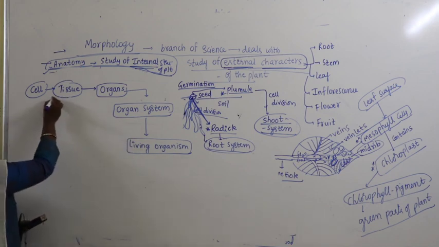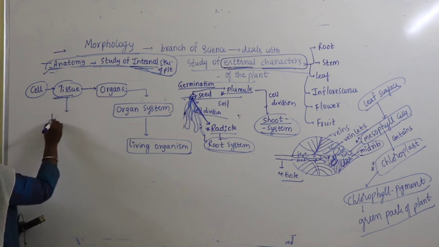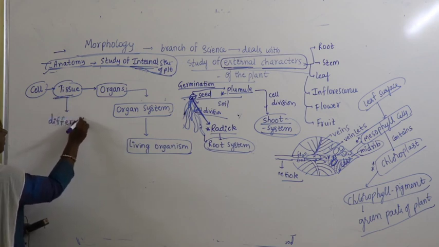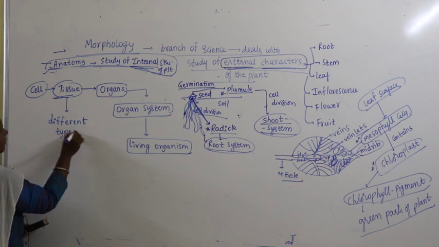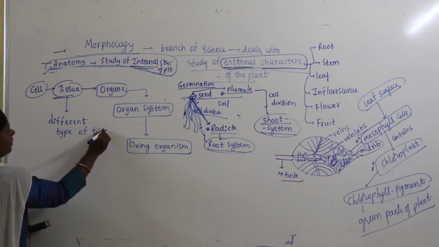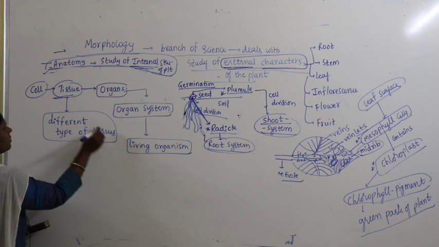In plants we find different types of tissues. What are the different types of tissues we find?